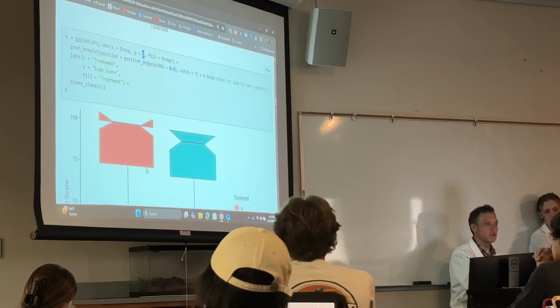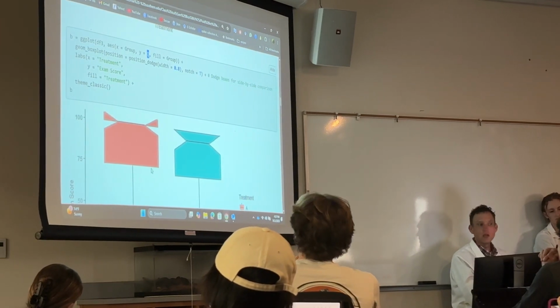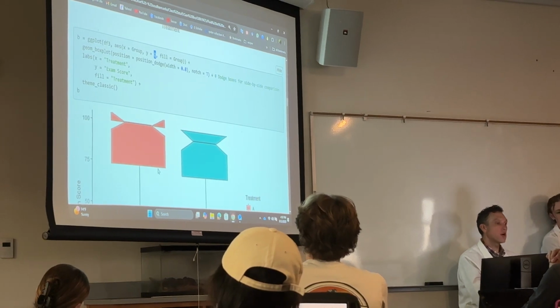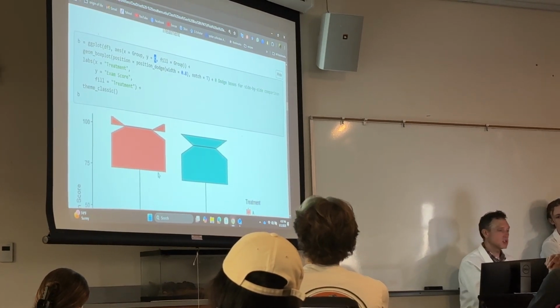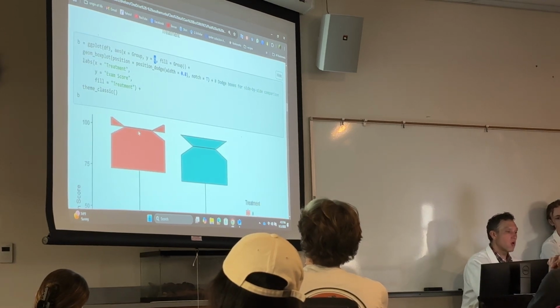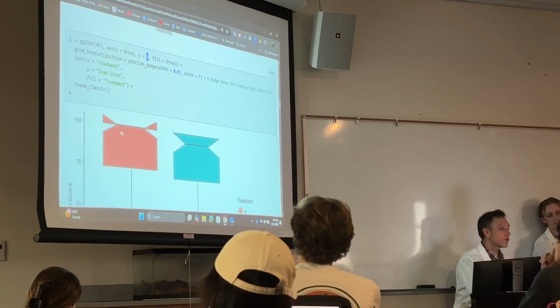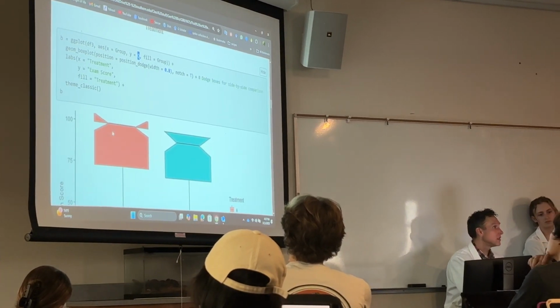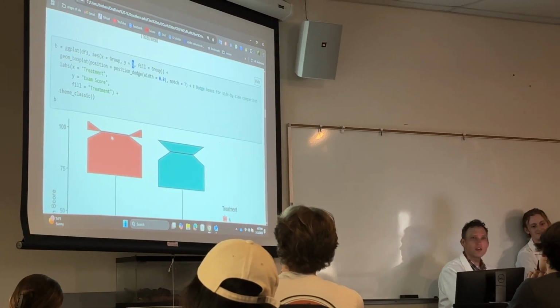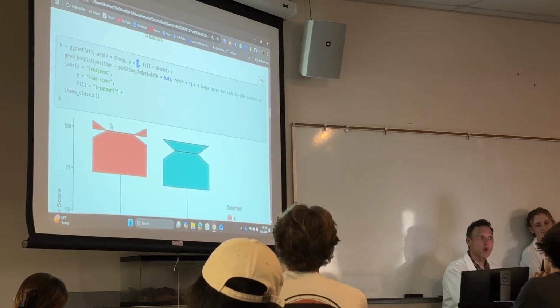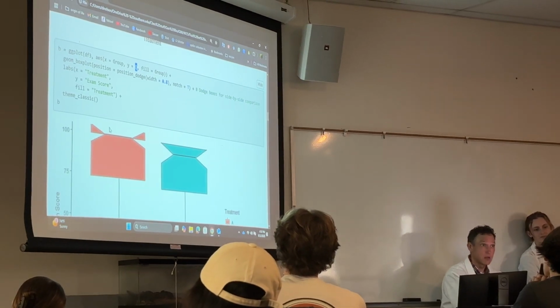So if I scroll down, do my notches overlap? Do the boxes overlap? Are the medians close together? Yeah, they're pretty close. Look, the median score for group A was 100. The most common score in group A was 100.